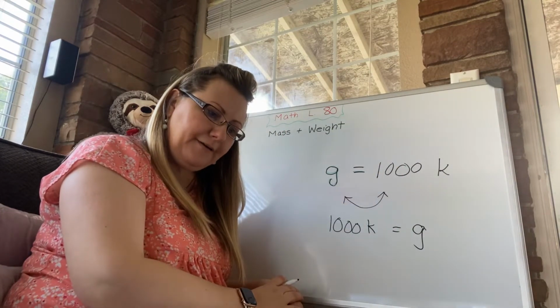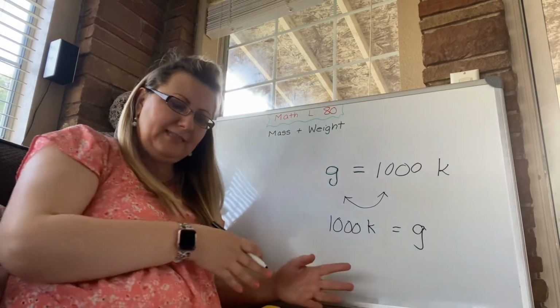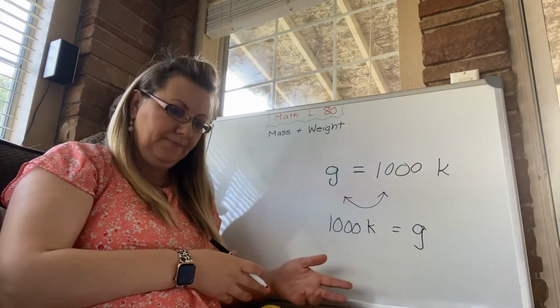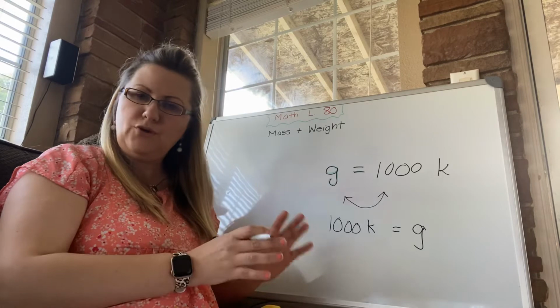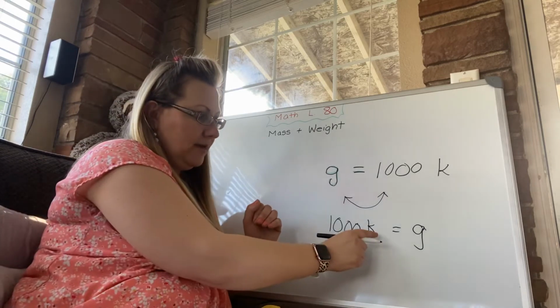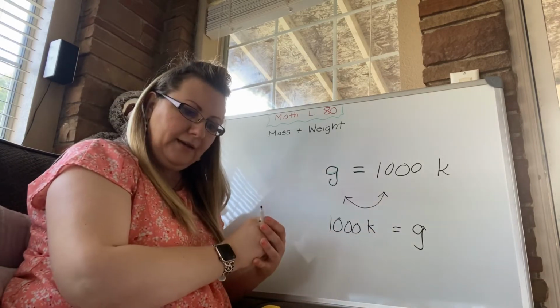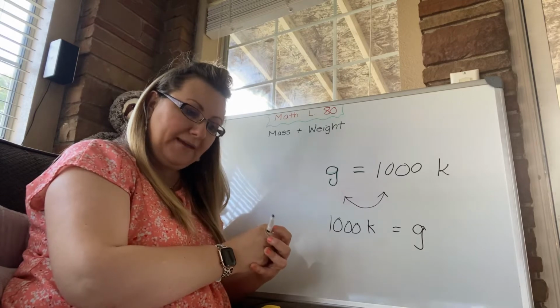Okay. So the question is, can we use X and Y, so like two unknown variables, to change the K and the G into an X and a Y?